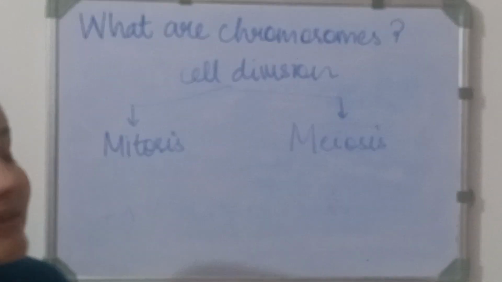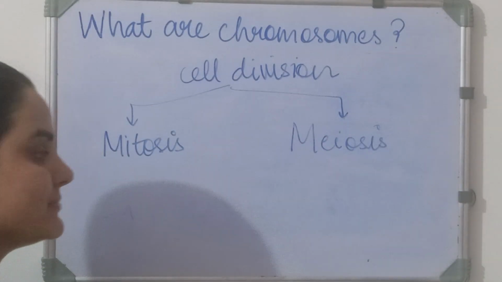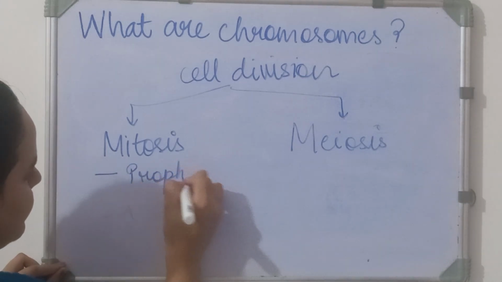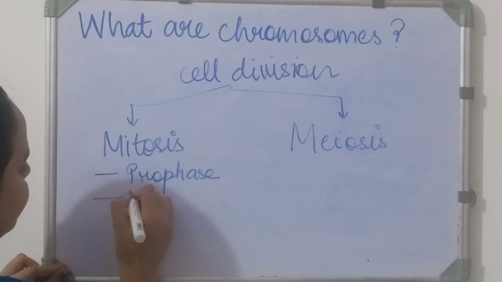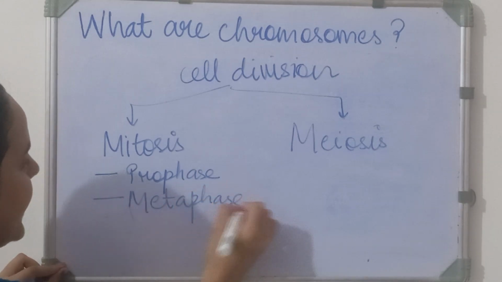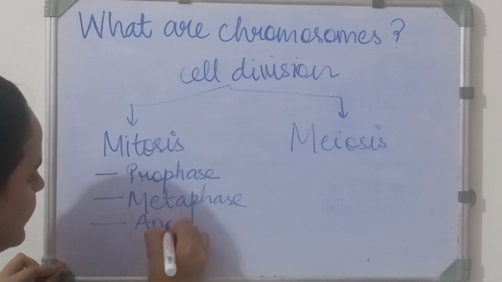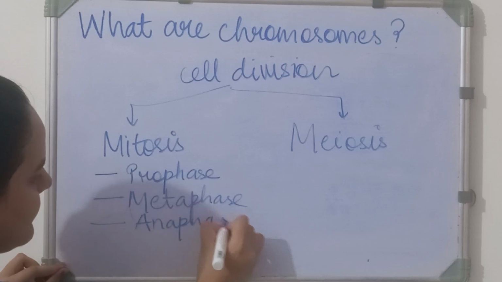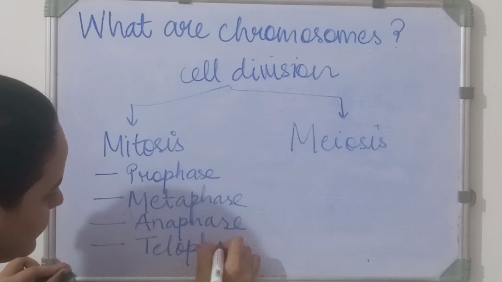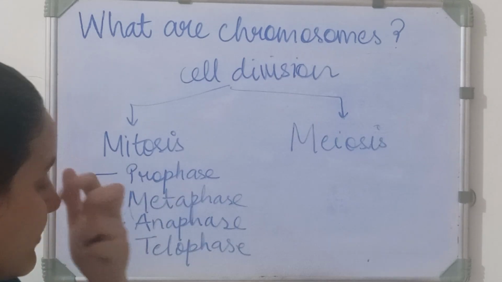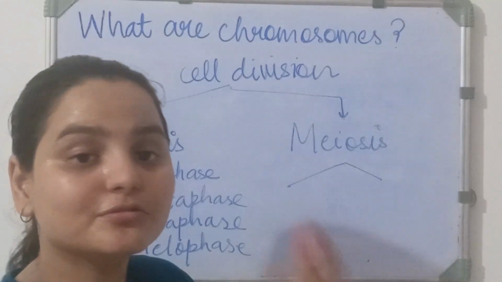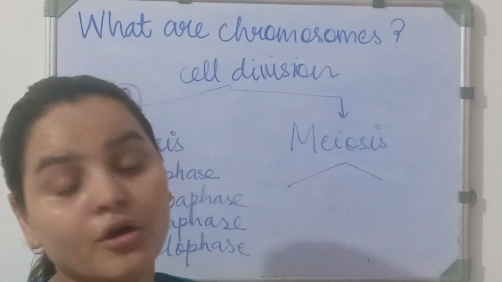Mitosis is further divided into four substages: prophase, metaphase, anaphase and telophase. For meiosis you just need to remember that it is divided into meiosis 1 and meiosis 2.